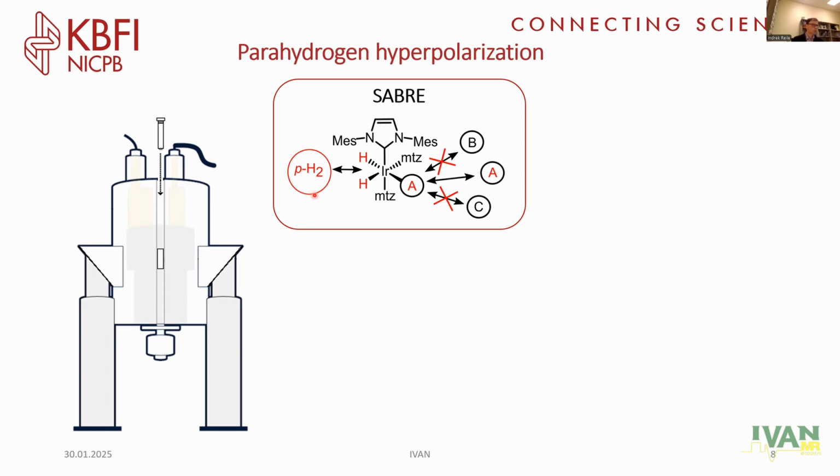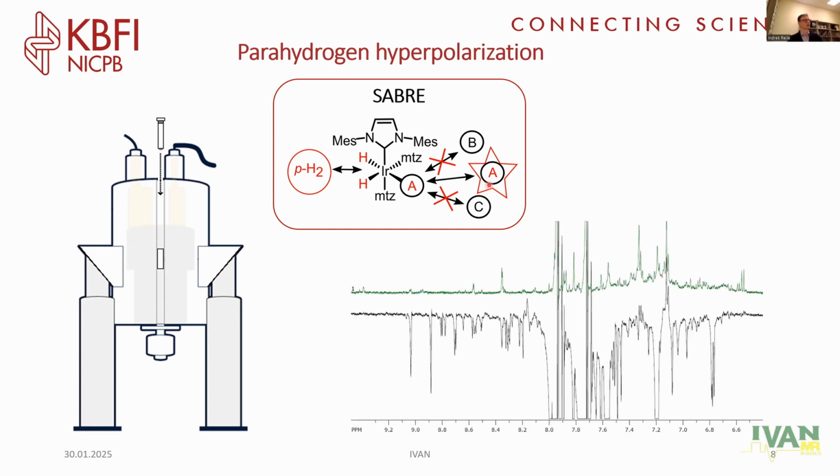What happens is that at low field, the parahydrogen spin order will be converted into non-equilibrium magnetization on the analyte after it dissociates and comes off the catalyst. So in principle, you will hyperpolarize and detect these same analytes with their natural chemical shifts.